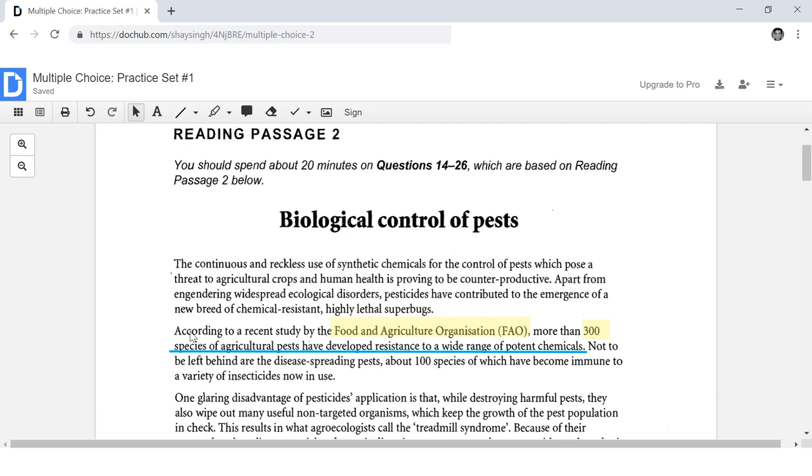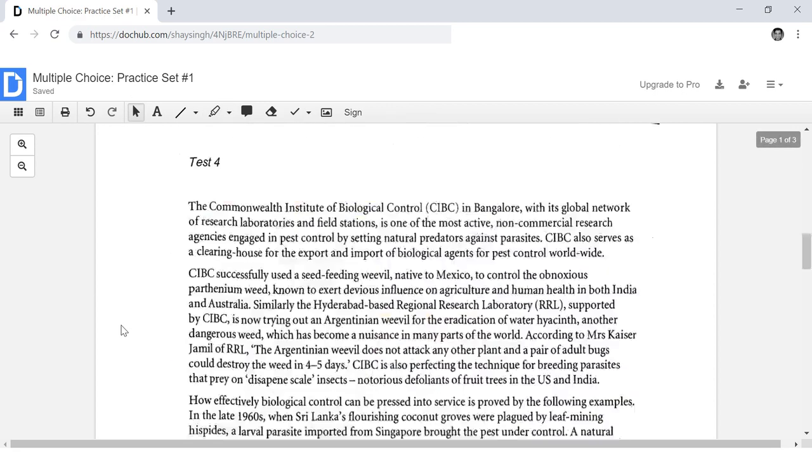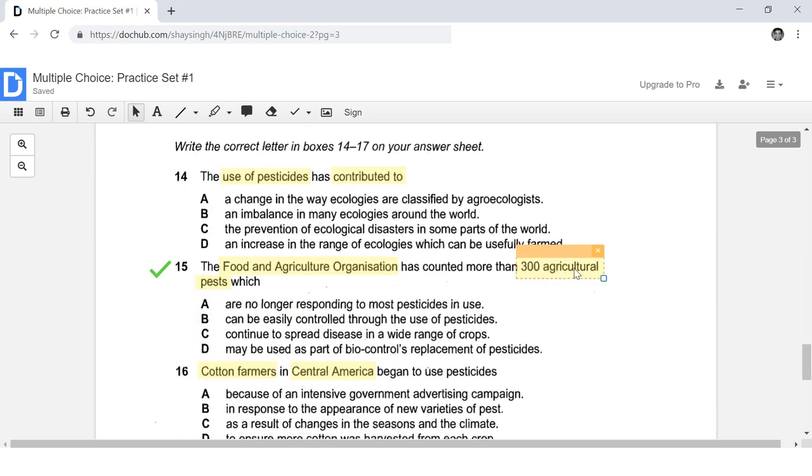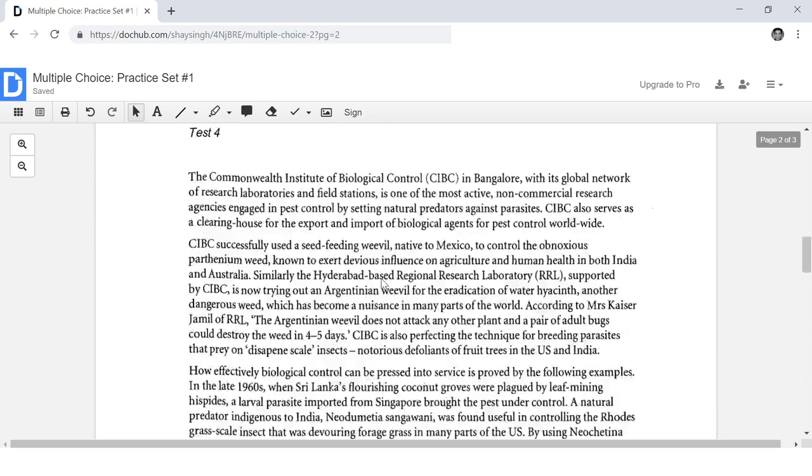So here it says, according to a recent study by the Food and Agricultural Organization, more than 300 species of agricultural pests have developed resistance to a wide range of potent chemicals. Okay, so here it says 300 species of agricultural pests. That is just synonym language for the same thing, because down here you might remember that it says 300 agricultural pests. So that's the same thing.